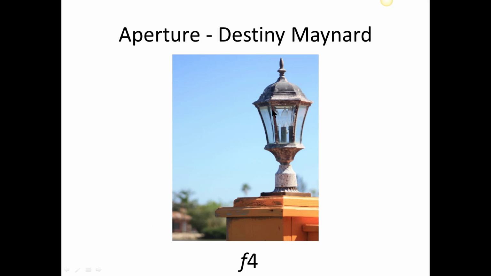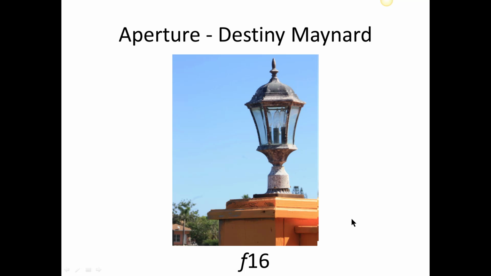So if we look at this lamp post that Destiny Maynard sent, this is the light, and you can see this base is actually falling off a little bit in terms of focus. It's a little fuzzy. The background is very fuzzy, f4. Now let's move on to f16.